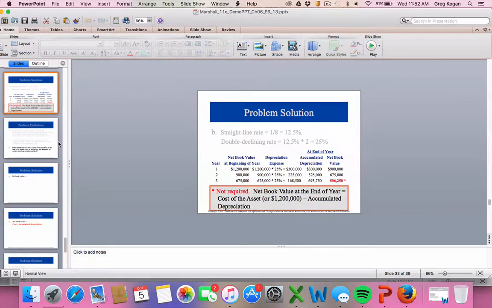By the third year, the net book value is 506,250, and you look at your accumulated depreciation. These are the two methods that I want you to focus on.